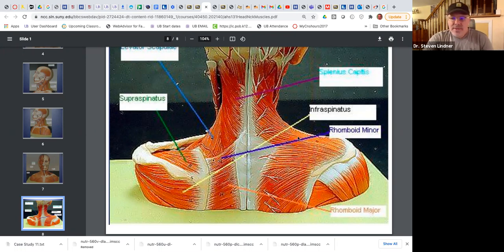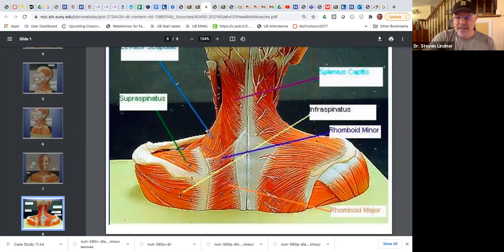Now, with the trapezius muscle dissected away, if you look on the right-hand side, we can see the spine of the scapula, but we don't see what's deep to it. On the left, remember, we peeled back the trapezius, so not only can we see the rhomboids, but we could see two rotator cuff muscles. Now, we will be covering these again when we do the shoulder, but above the spine of the scapula is the supraspinatus muscle.